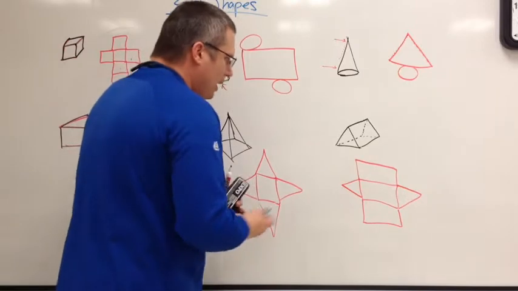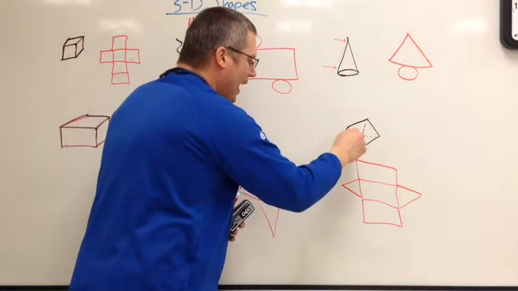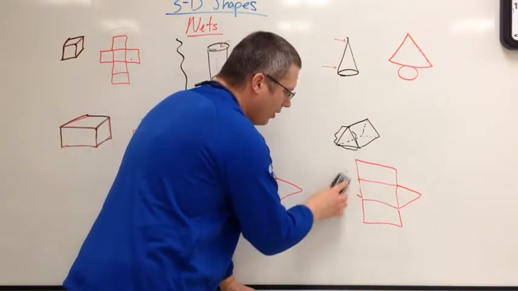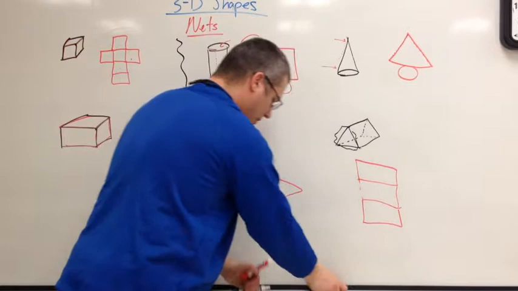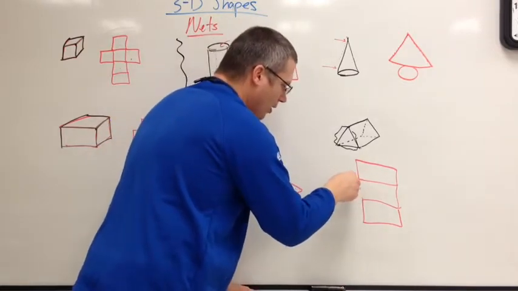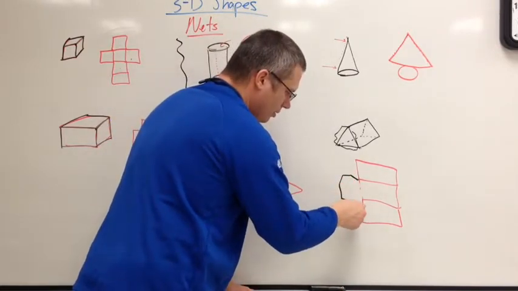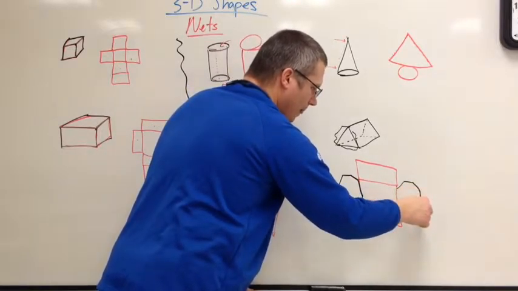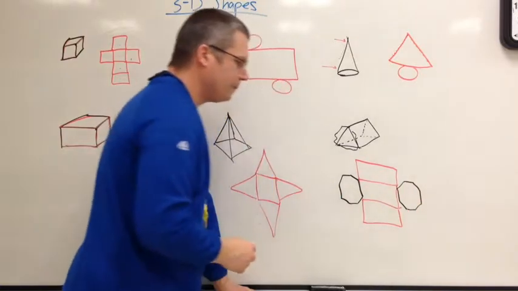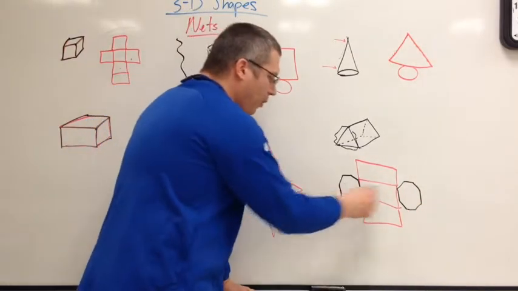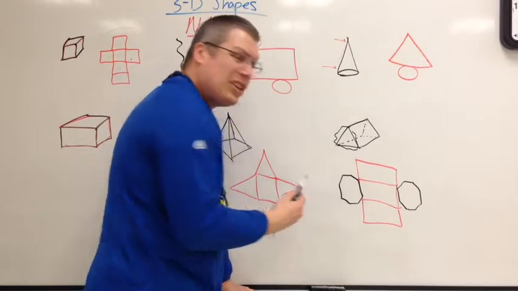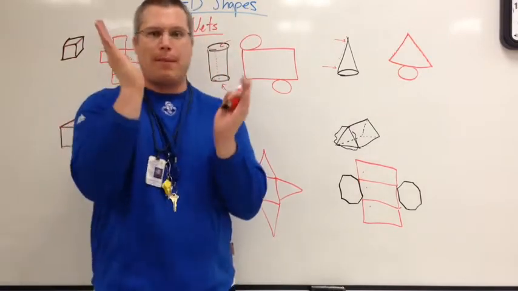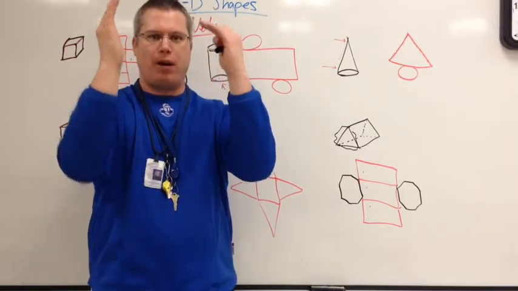Now, if this was an octagonal, if I had an 8-sided object in the front, guess what would change? I would have my octagon here. I would have an octagon here. I would fold these up, and then you'd have to think, okay, how many of these pieces would I need to not only wrap up, but wrap for each part of the octagon?